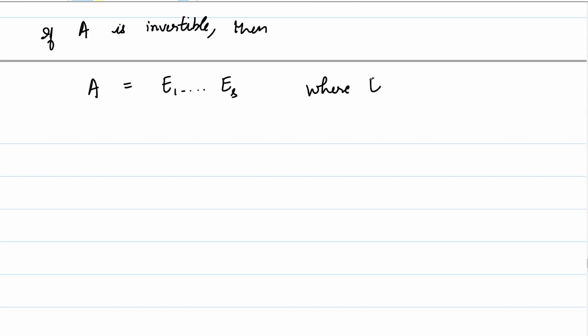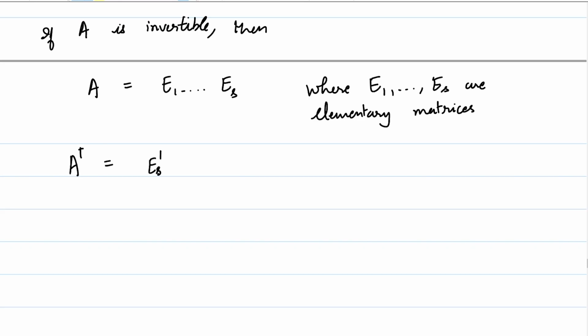when A is invertible? If A is invertible, then we will use one of the theorems we have proved earlier, which helps us write A as a product of elementary matrices, E_1 to E_S, where these are elementary matrices. And then what will be A adjoint? A adjoint is just going to be equal to E_S adjoint up to E_1 adjoint.